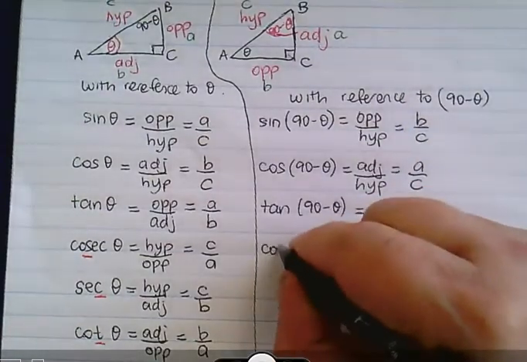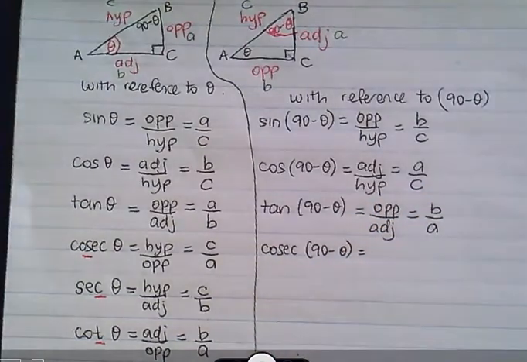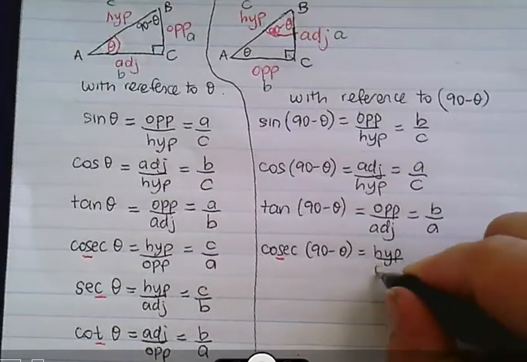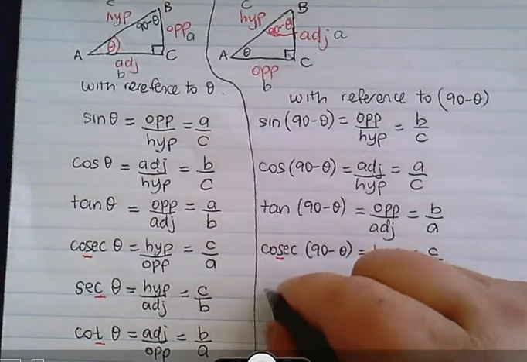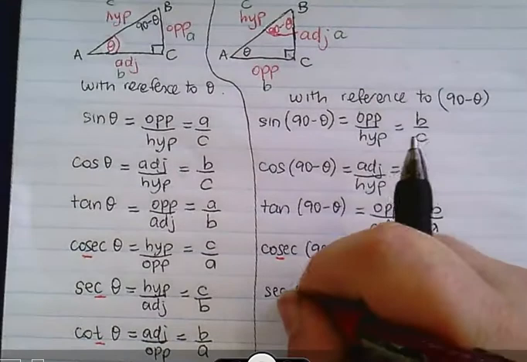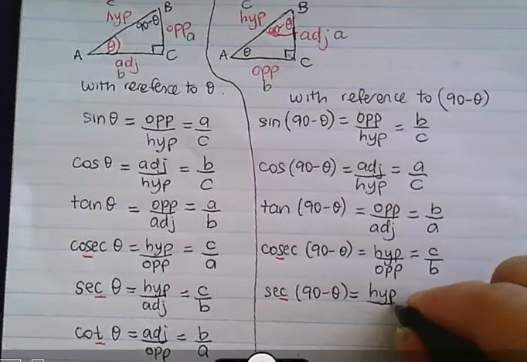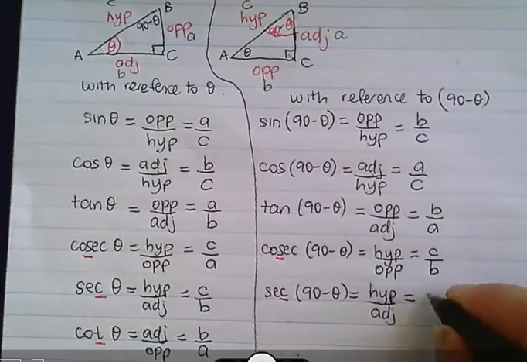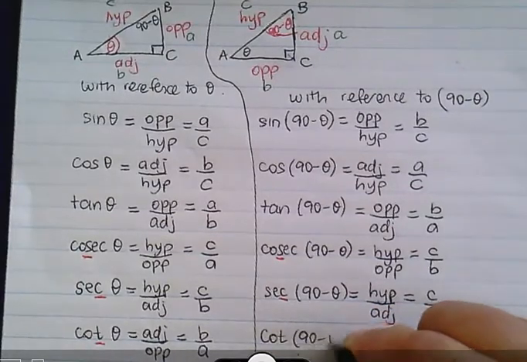So we've got cosec of 90 minus theta. Cosec's third letter is S, so it's the reciprocal of the sine ratio, so it will be hypotenuse over opposite, which is C over B. Sec's third letter is C. It's the reciprocal of cos, which is hypotenuse over adjacent, which is C over A. And cot of 90 minus theta.